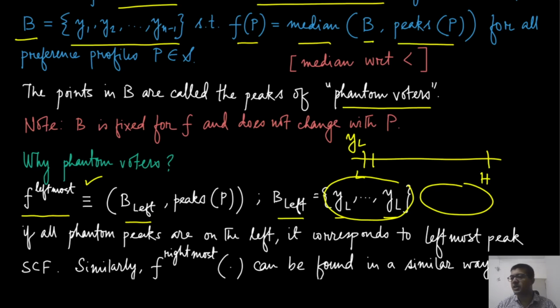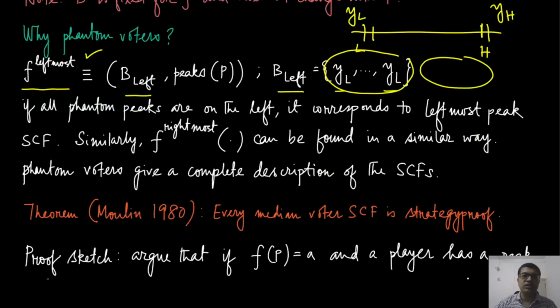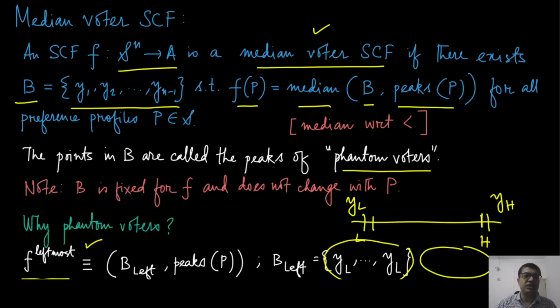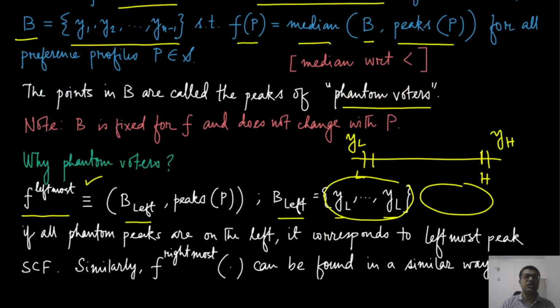Similarly, if you want to pick the hottest temperature, you can pick all these phantom peaks to be YH, and therefore the median is going to be the hottest temperature. So that is the reason we have picked these phantom voters, which generalize all possible social choice functions in this space that are strategy proof.